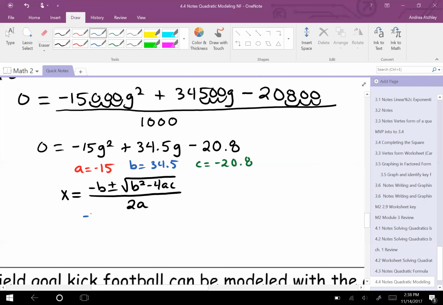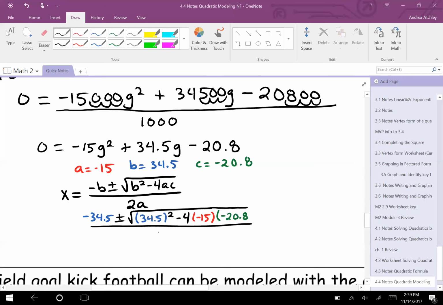Okay, plug it in. So I have negative 34.5 plus or minus the square root of 34.5 squared minus 4 times negative 15 times negative 20.8, all over 2 times negative 15.